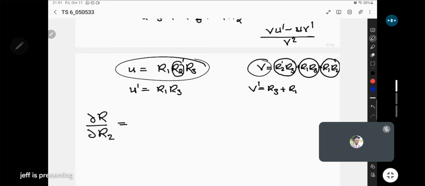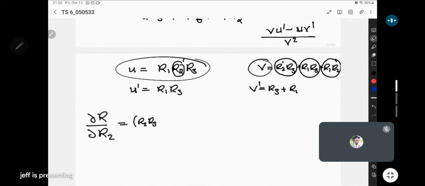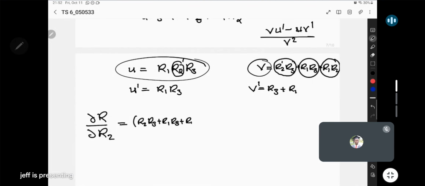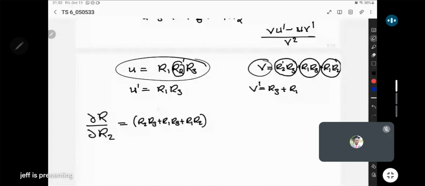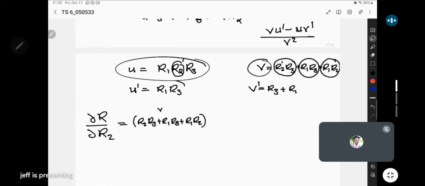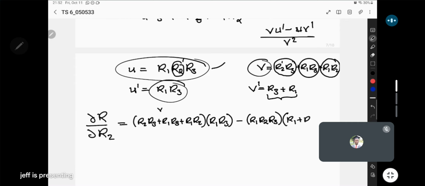By quotient rule, first we'll keep v the way it is, meaning R2, R3, plus R1, R3, plus R1, R2. All this is just v. Then we'll multiply it with u prime reduced to this, which is R1, R3. Then minus u. u is R1, R2, R3, multiplying v prime reduced to this, R1 plus R3.